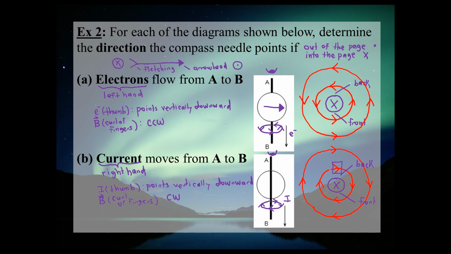The compass needle is a magnetic dipole, and magnetic dipoles lie in the same direction as the magnetic field. So in this case, the compass needle is also going to deflect towards the right. And that's how we apply the second-hand rule to figure out the direction of the magnetic field from the direction of current.